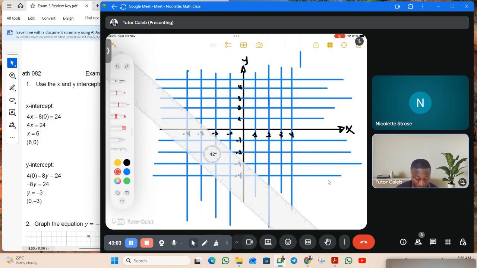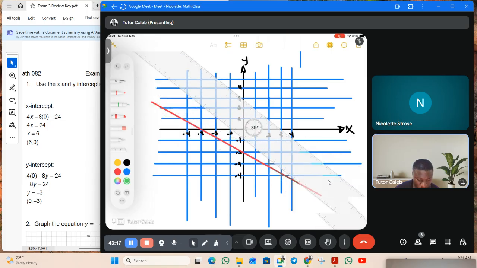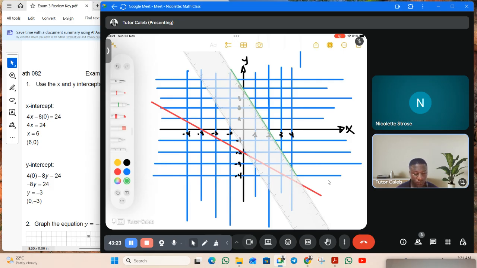This is my first line, you give me the coordinates on this line, and this is my second line. I've drawn two lines. My first line is in red. My second line is in green.